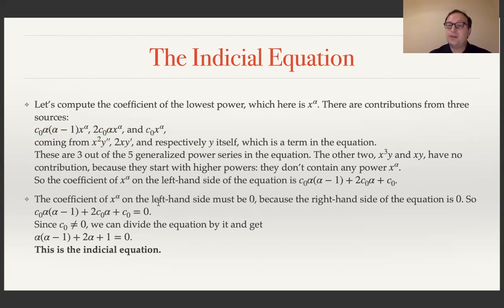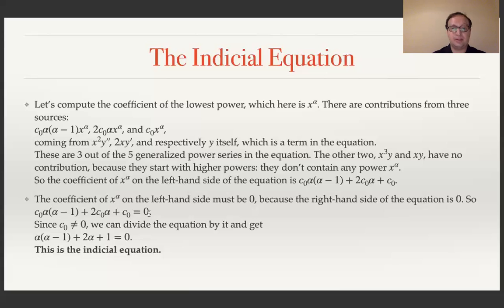And since everything on the right-hand side is 0, this means that the coefficient of x to the alpha here must be 0. So C0 alpha times alpha minus 1 plus 2C0 alpha plus C0 must be 0.